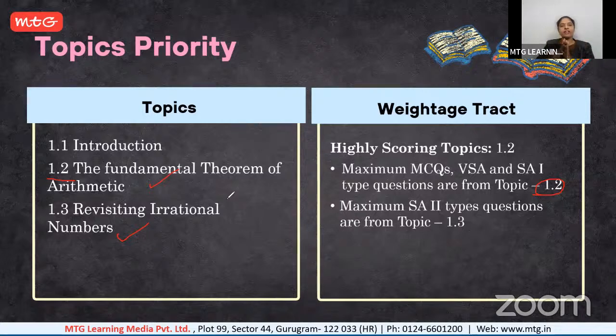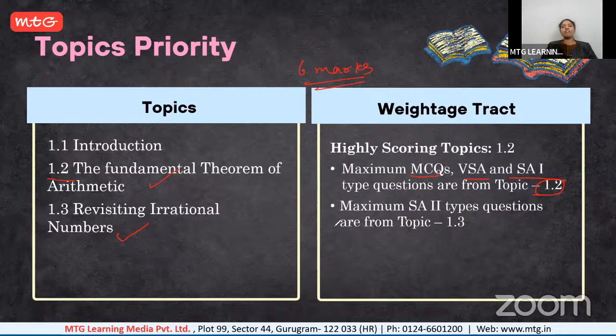So this topic covers all types of questions like MCQs, very short answer, and short answer type. Everything will be covered in this category. So maximum scoring will be from this topic. As I've already mentioned, this chapter has a total weightage of 6 marks.